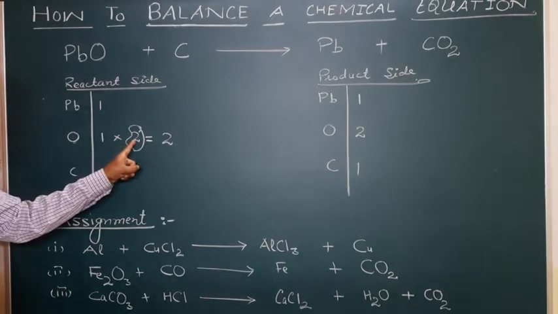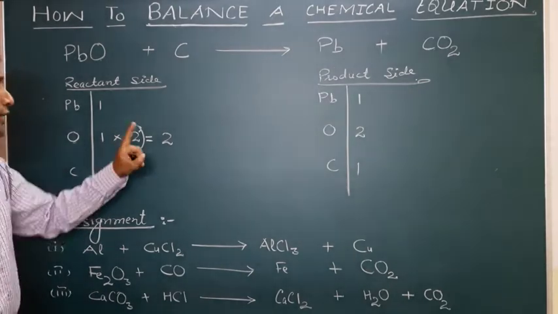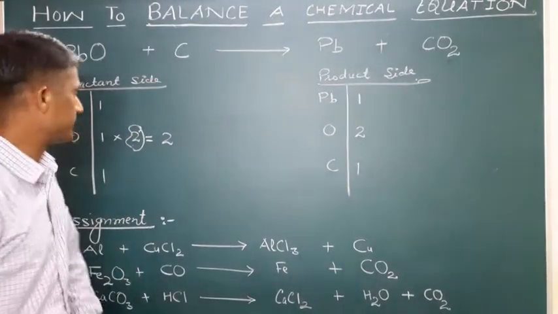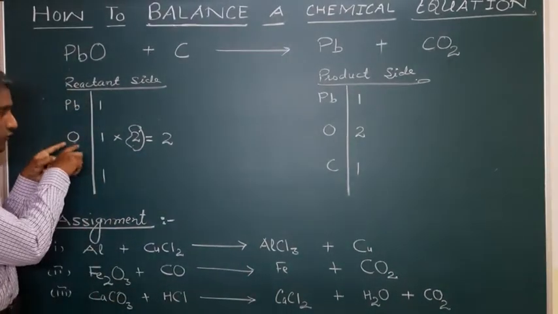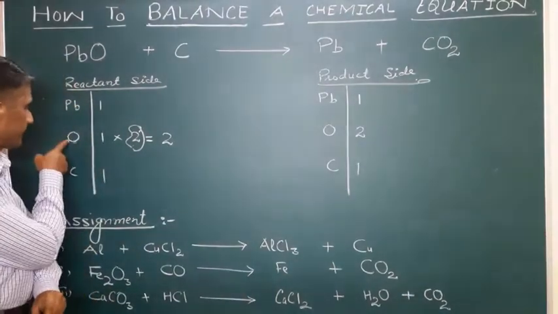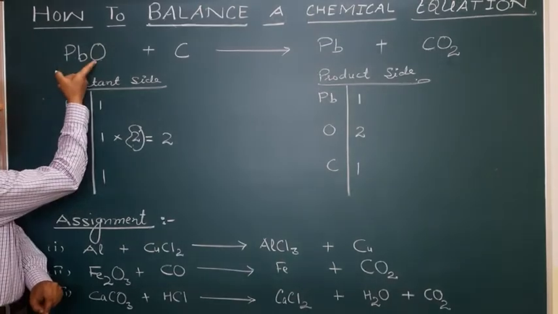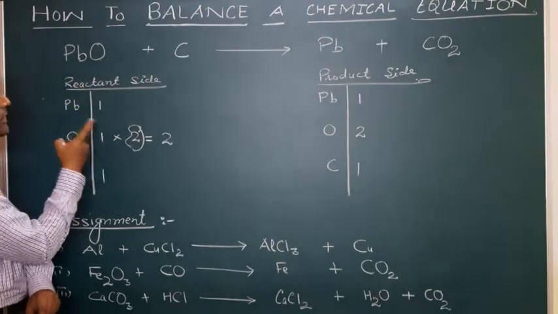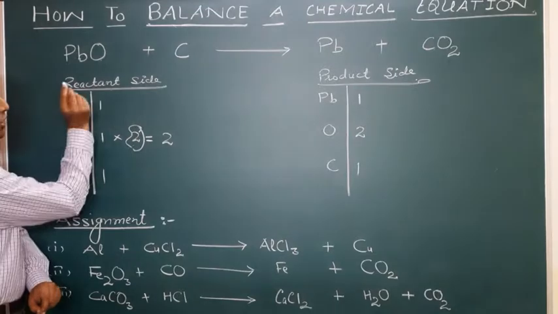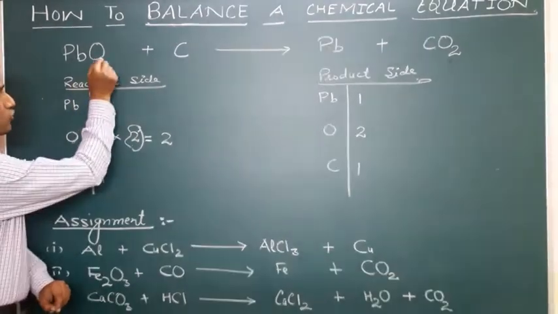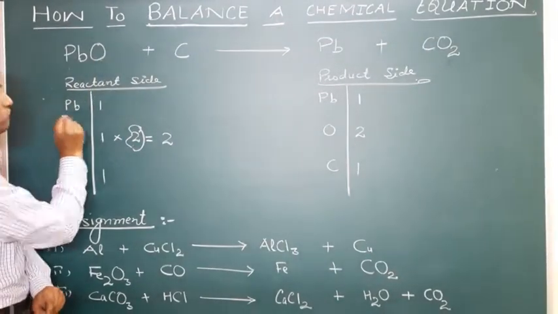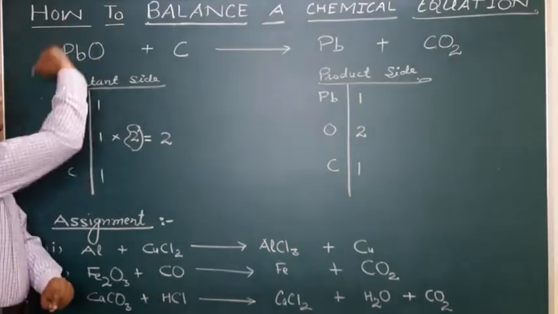This coefficient is used in the beginning of the formula. Now find out where the oxygen lies. This is the oxygen, and we need to multiply it by 2. But the point is that you can't write 2 over here, because it would change the subscript altogether.